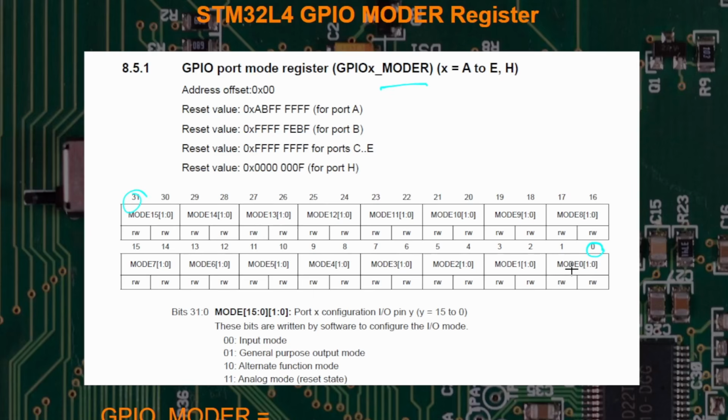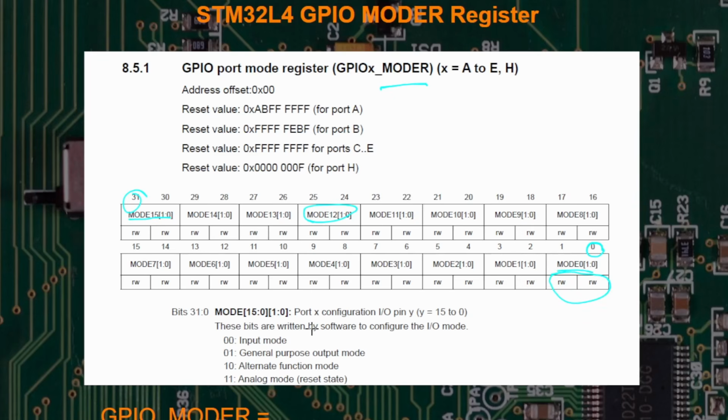However, we have modes. So we go from mode 0 to mode 15. In this microcontroller, we have a range of 16 pins. However, not all pins are used, so we're only going to be using 13 pins. So we'll go from mode 0 all the way to mode 12. For each pin, we have 2 bits allocated.